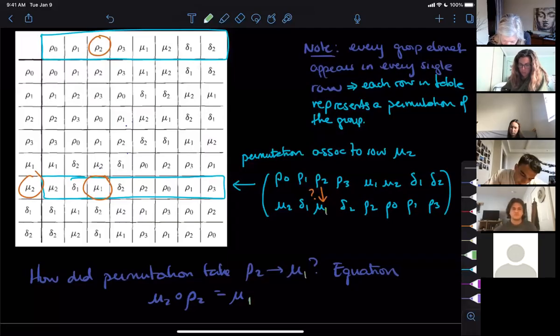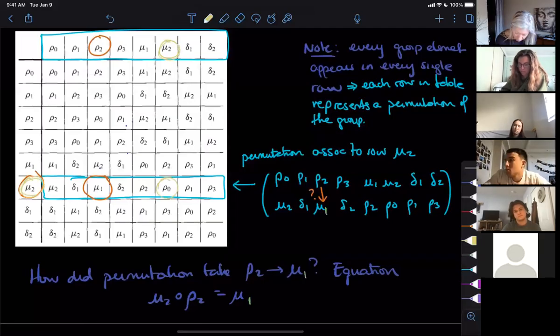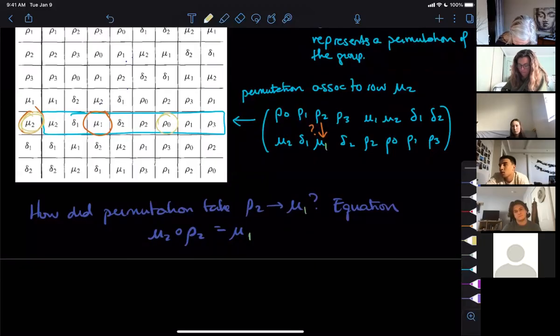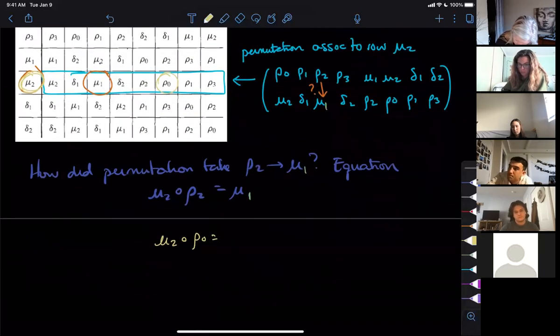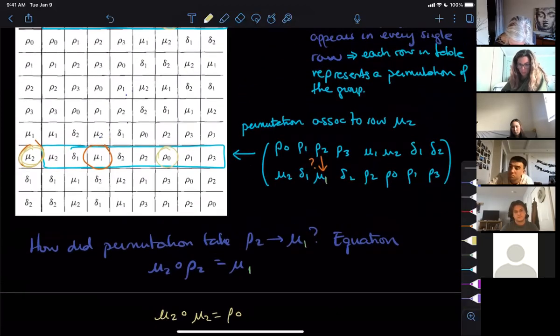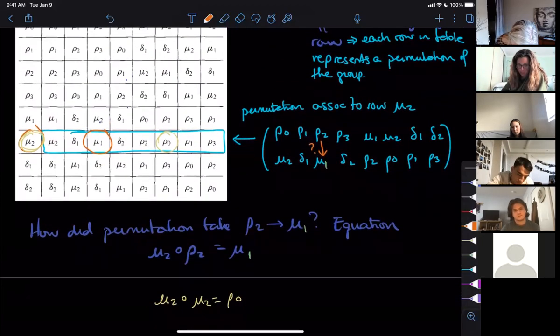What about any of the other ones? How did I get from mu2 to rho 0? I got there by multiplying on the left by mu2. So mu2 times rho 0 equals mu2, and mu2 times mu2 is rho 0. I guess this is the orange, so maybe I should color code it.